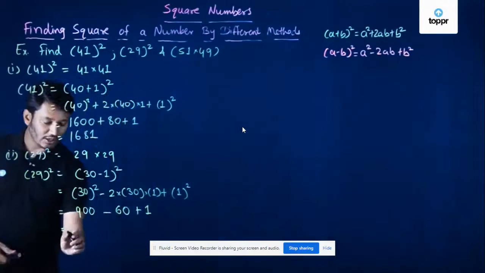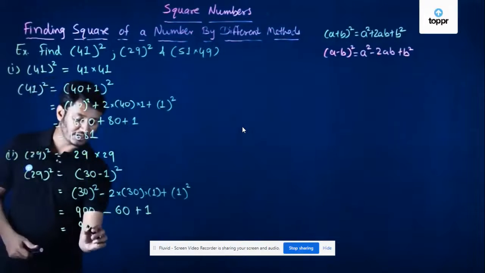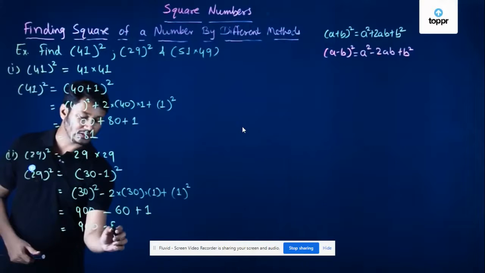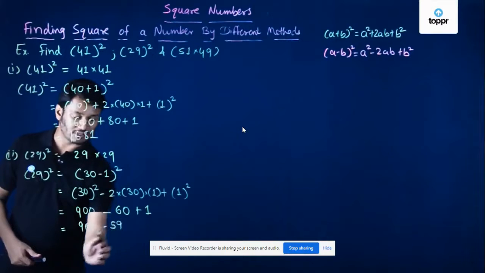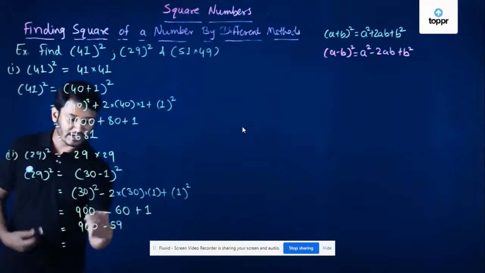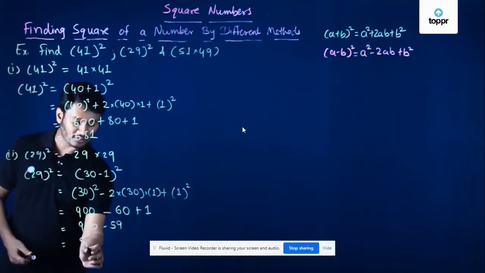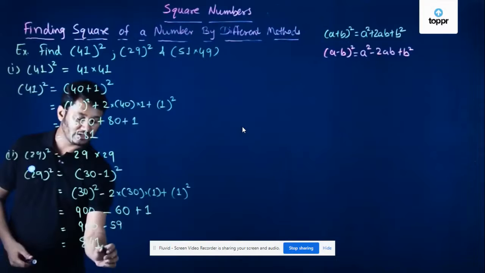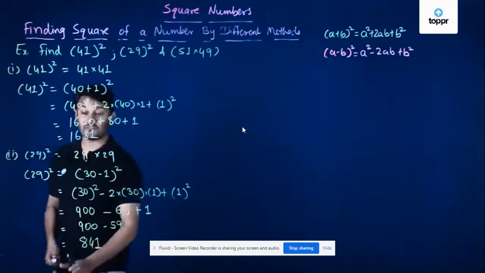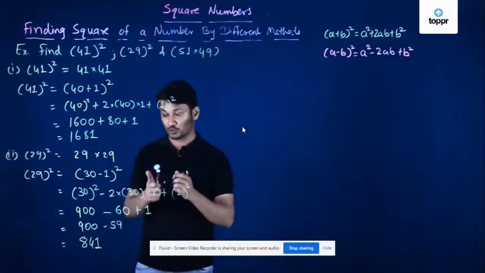So here this further becomes 900 minus 59, since minus 60 plus 1 is minus 59, and 900 minus 59 will be nothing but 841. You can easily verify: 841 plus 59 will give you 900. So this is my final answer for 29 square.